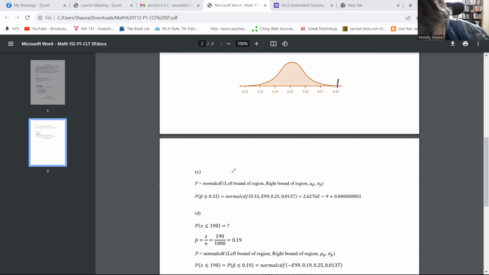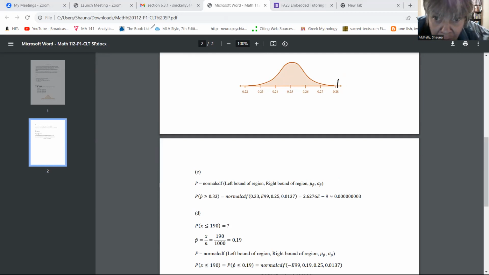Now, she's reminding you that this is the normal distribution, so normal CDF. Where's the left bound of my region? Well, in this case, it's 0.33. The right bound is infinity.